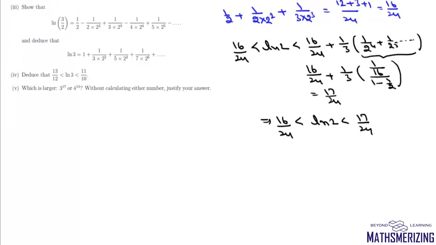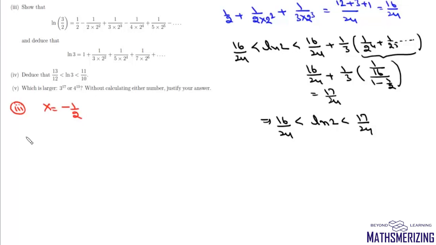Now for the third part, it says show that log 3 by 2 is 1 by 2 minus 1 upon (2 into 2 square) plus 1 upon (3 into 2 cube). So for this, what we'll do is, in the series of log(1 minus x), we'll simply put x as minus 1 by 2.